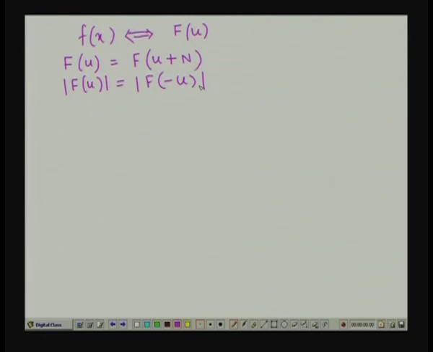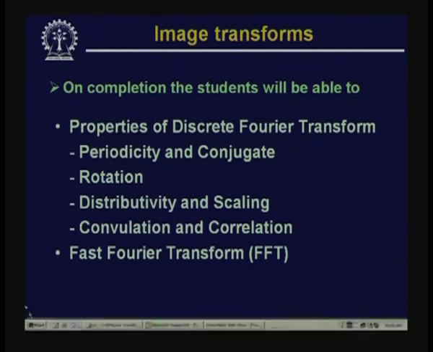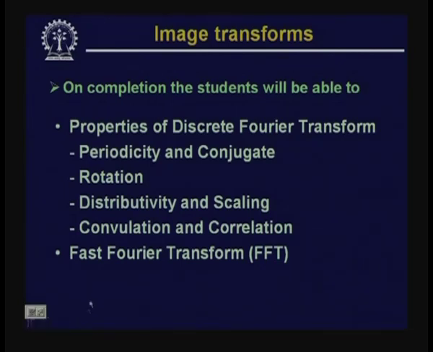So, this says that F(u) has a period of length capital N, and because the spectrum F(u) is the same as F(-u), the magnitude of the Fourier spectrum of the Fourier transform is centered at the origin. By this what we mean is, let us consider a figure like this.